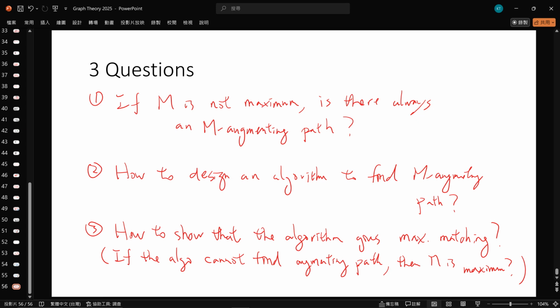So next we're going to answer these 3 questions. First of all, we're going to consider the existence problem. So we have a matching, and we know that it is not the maximum matching. How to show that there always exists an M augmenting path?